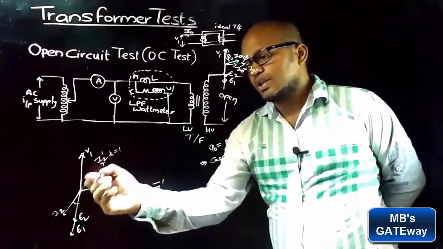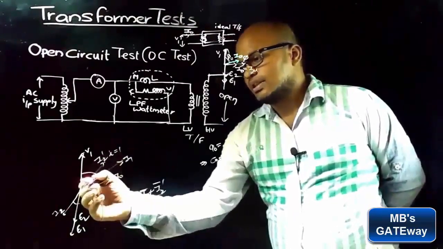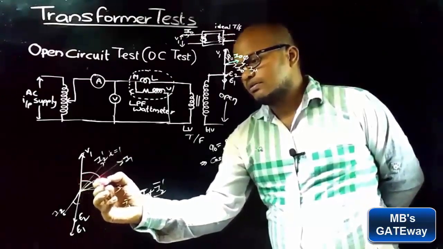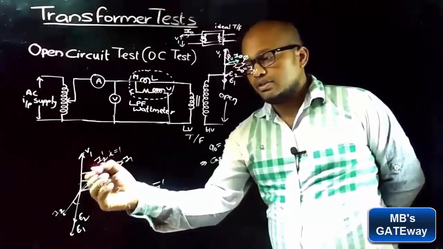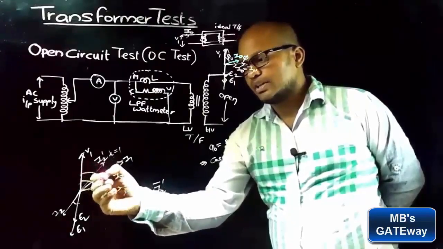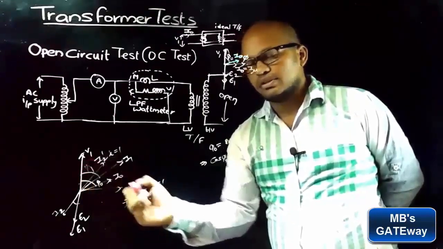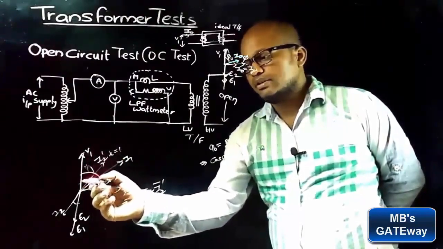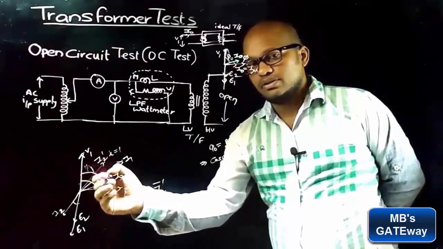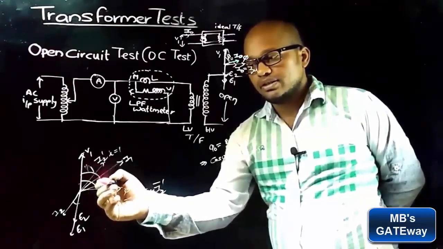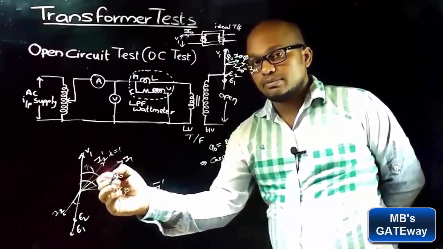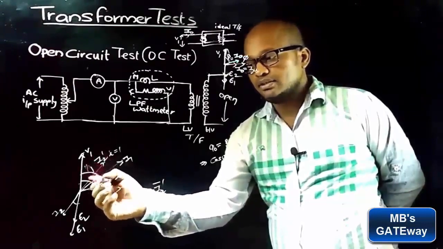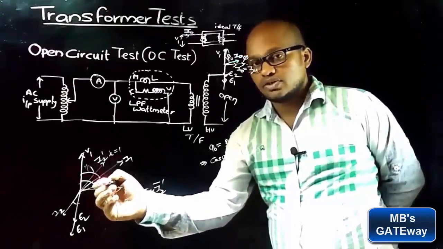So now as I1 is equal to vector sum of I0 and I2 dash, the resultant of I0 and I2 dash is I1, and the angle between V1 and I0 is no load power factor angle phi naught. And when the load is connected, now the primary power factor angle is phi 1, which is the angle between V1 and I1. And if you compare the angle phi naught and phi 1, phi 1 is lesser than phi naught, which implies that primary power factor cos phi 1 is more than the no load power factor cos phi naught.